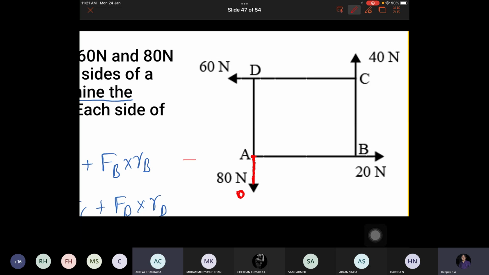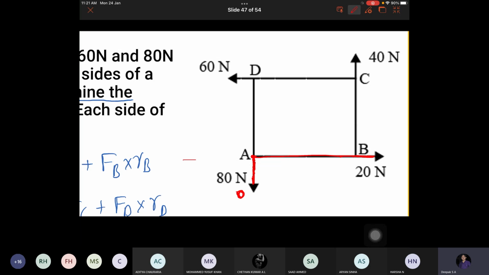Yes, sir. Okay. Similarly, this is the second force. If you extend this second force, is there any perpendicular distance between this and this? Because again the line of action is merging with this point. Correct or not? Yes, sir.